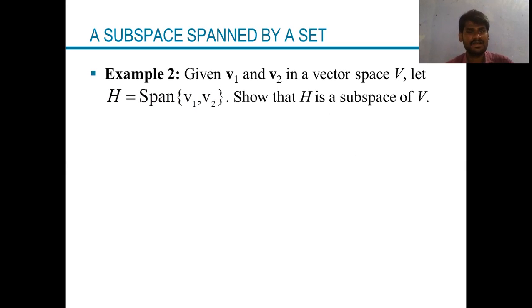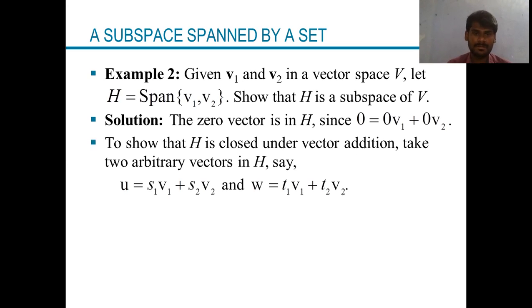Next example, given v1 and v2 in a vector space V, let H equal the span of v1, v2, so that H is a subspace of V. Proof: the zero vector is in H, that is, 0 equals 0 times v1 plus 0 times v2. To show that H is closed under addition, take two arbitrary vectors in H, say u and w.